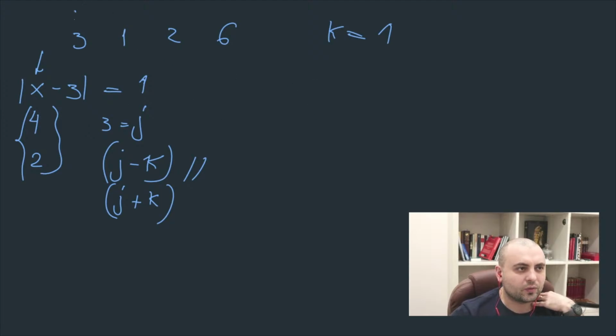So let's assume this will be item, as in our vector. So we have a complement x, where x minus item in modulo will equal k.